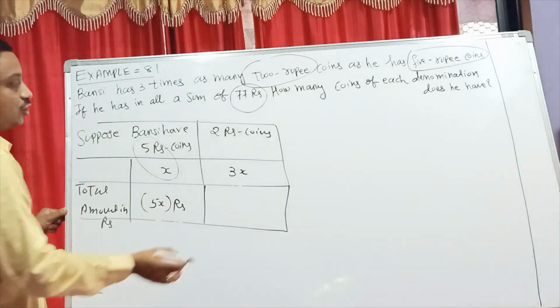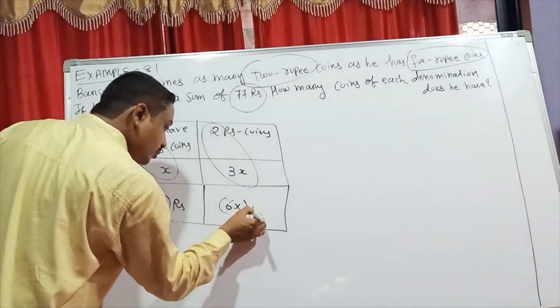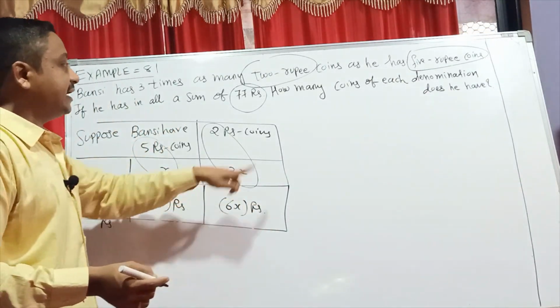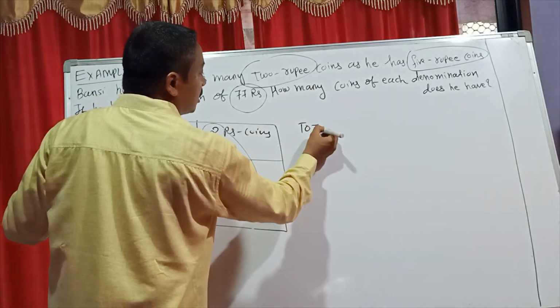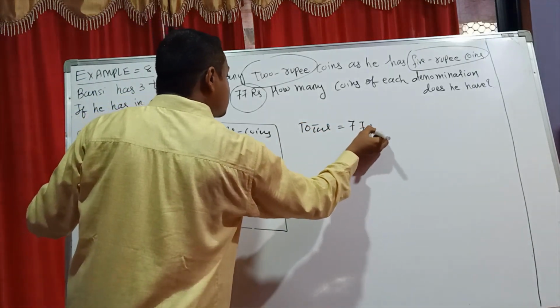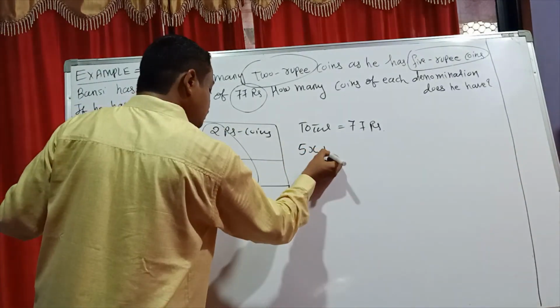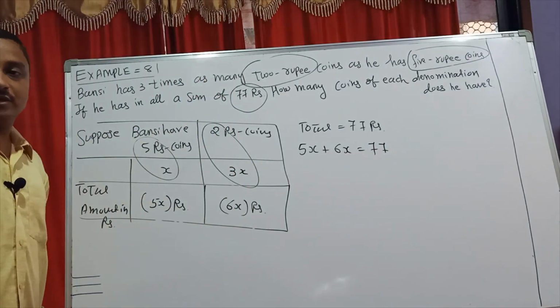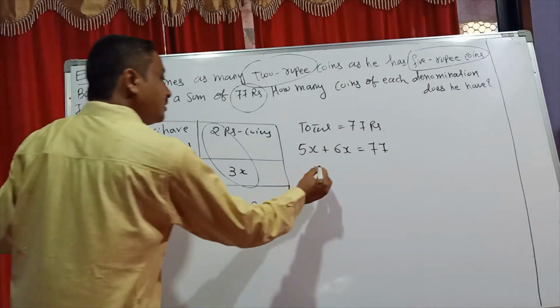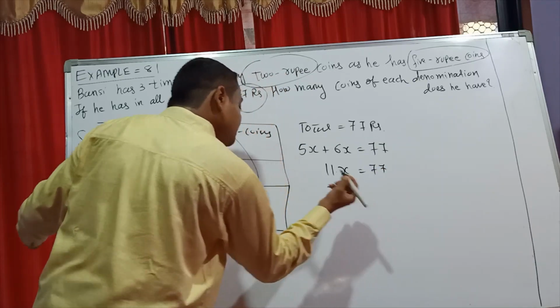Same as here you multiply 2 and 3x. It is 6x rupees. And the total amount given is 77 rupees. So I just add here students 5x plus 6x will be 77. Now adding both, very easy. It is 11x is equal to 77. So what is x?